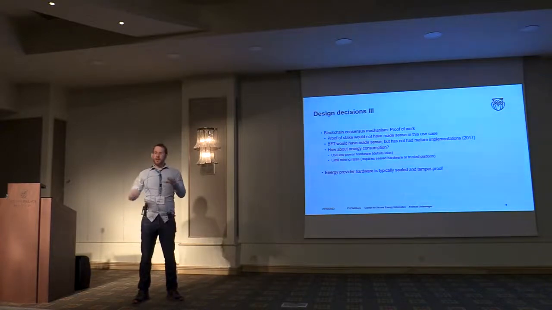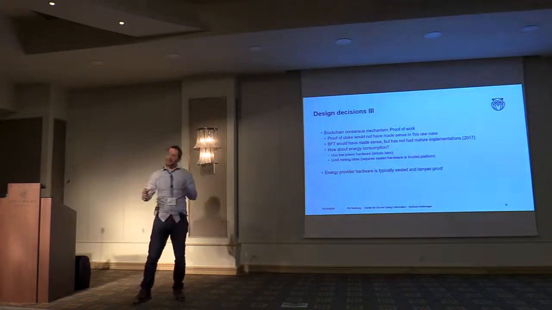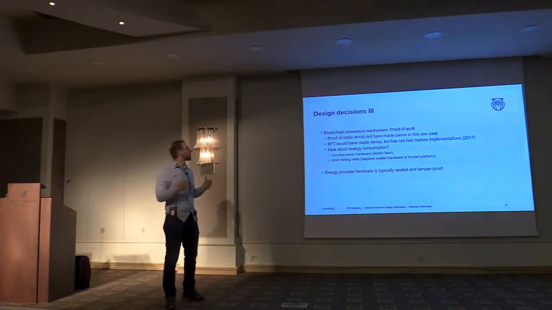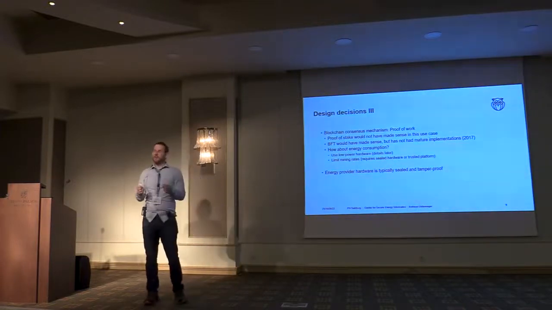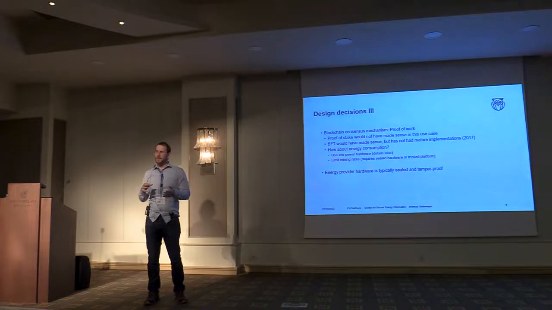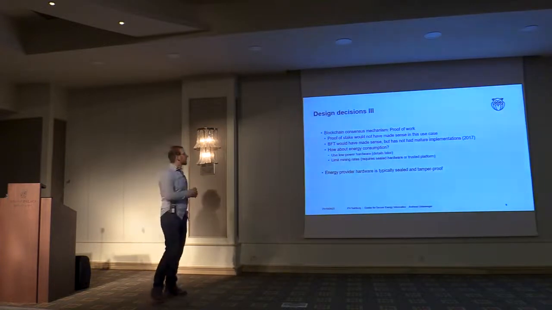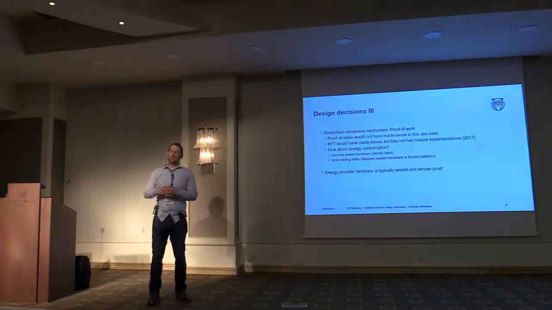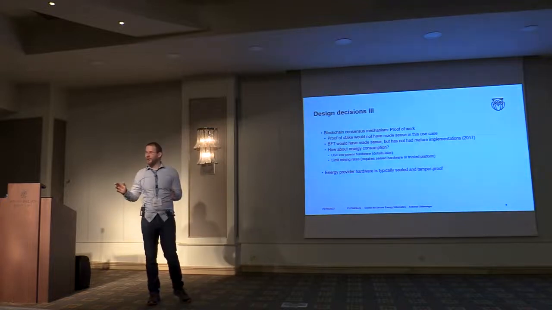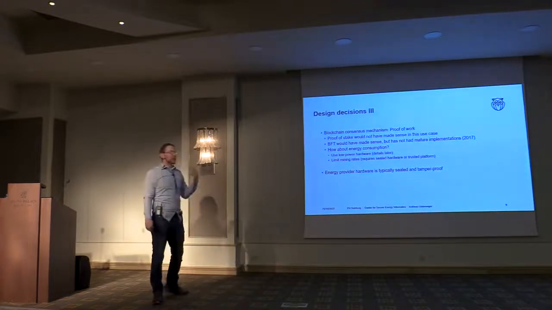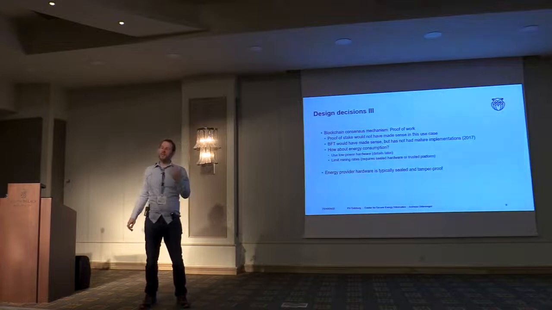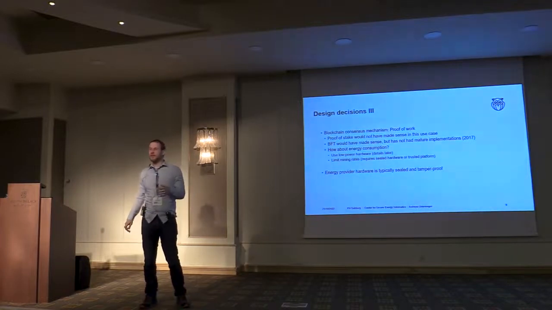We did something where we knew at the time, looking back 5 years later, it might not be a good choice. But it was the best choice at the time, in our opinion, so we decided back then to do a proof of work-based blockchain. Nowadays you would say it would make much more sense to use anything else, proof of authority or whatnot, but back then most of the implementations were not mature enough yet that we could really test them out in the field.